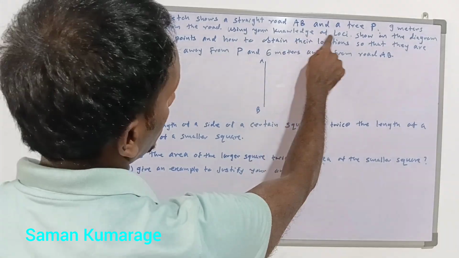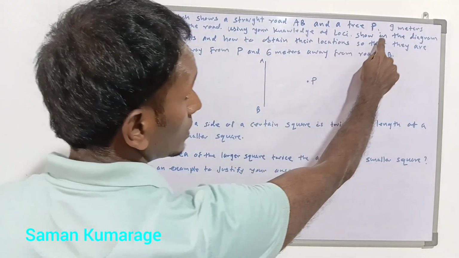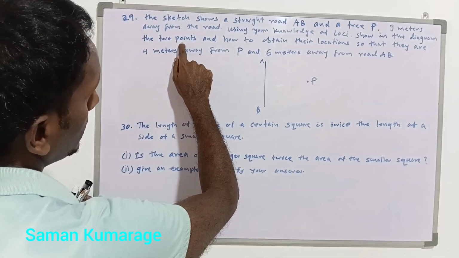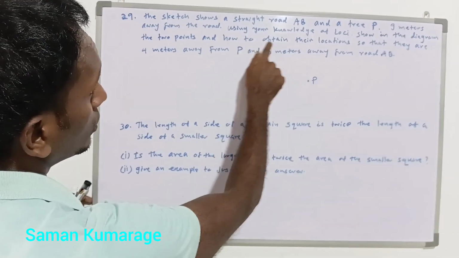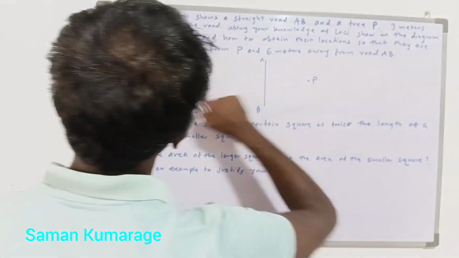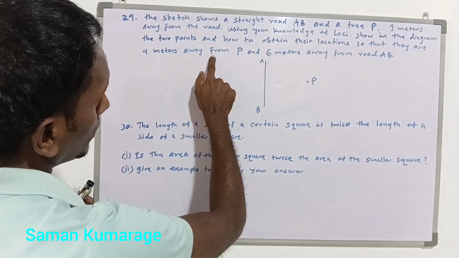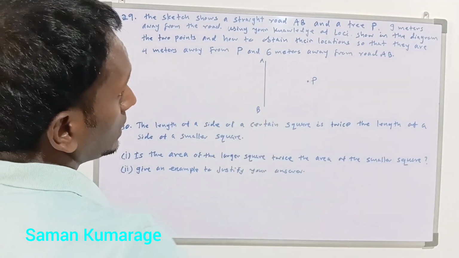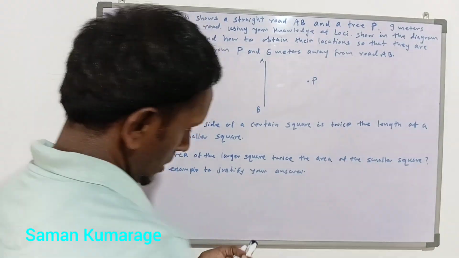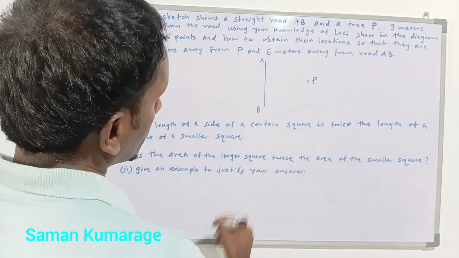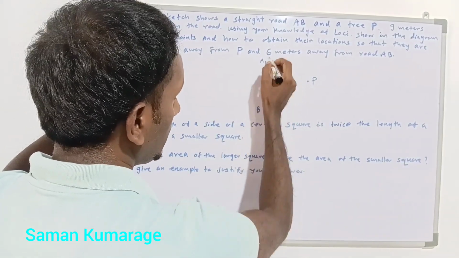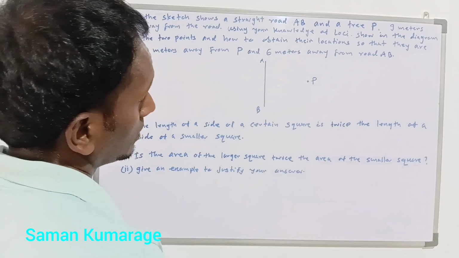Using your knowledge of loci, show in the diagram 2 points and how to obtain their locations so that they are 4 meters away from P and 6 meters away from road AB. So let me explain. They are saying there is a road AB, a straight road.